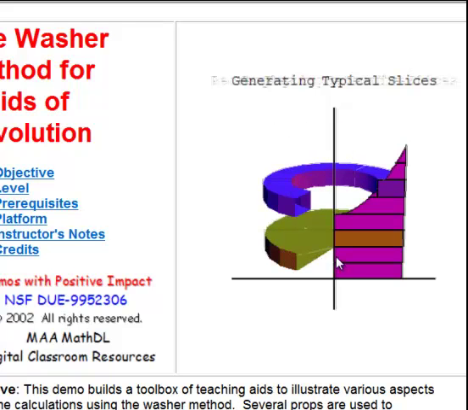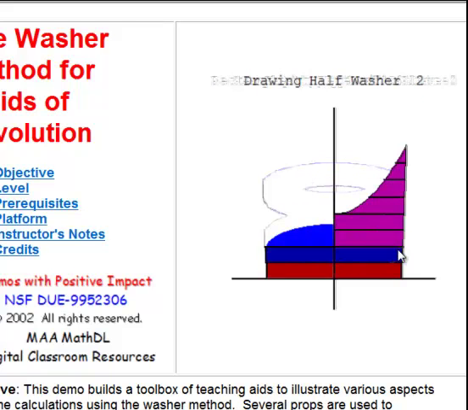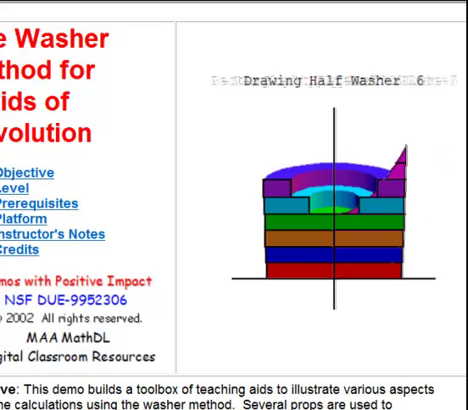Some of these disks are solid, some of them aren't. Some of them have little holes in them, which are therefore washers. Any one of these rectangles you can take and rotate around, and what you are going to be creating are either discs in this method or these washers.